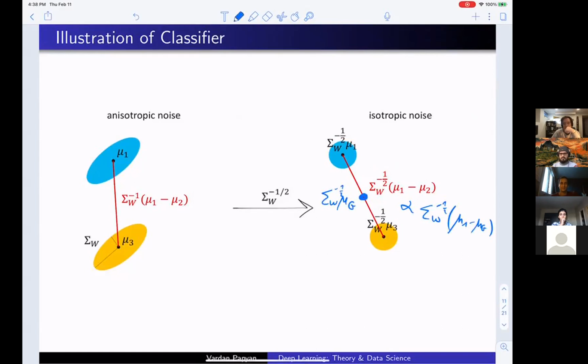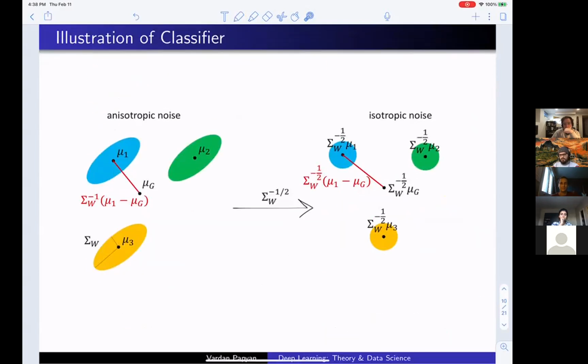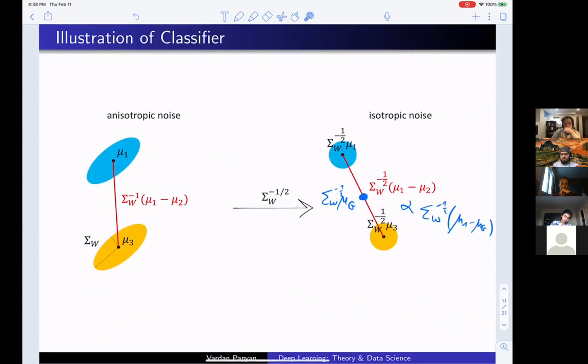They're basically the same direction, right? So in general, the classifier is of the shape mu1 minus mu g. So you subtract the global mean from the class mean. But in the special case of only two classes, the classifier is equivalent to mu1 minus mu2. So it's just the difference between the classes, right?